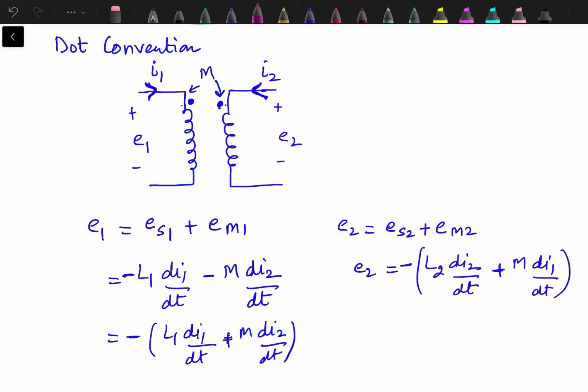Now we can have the same expressions of E1 and E2 if the currents are leaving the dotted node.